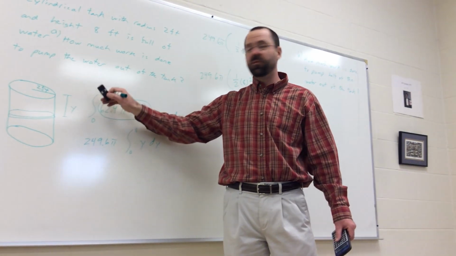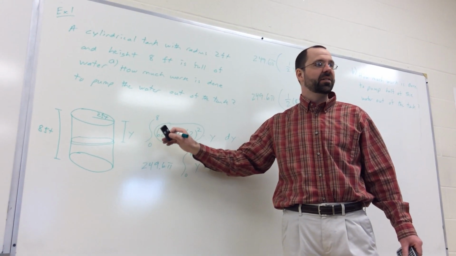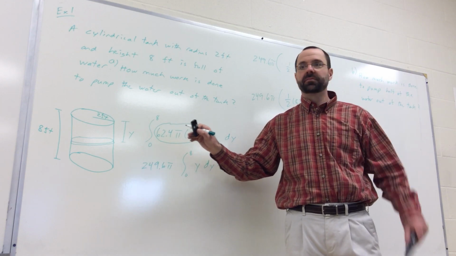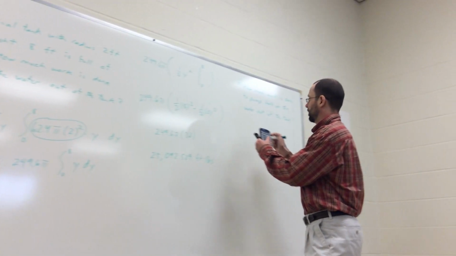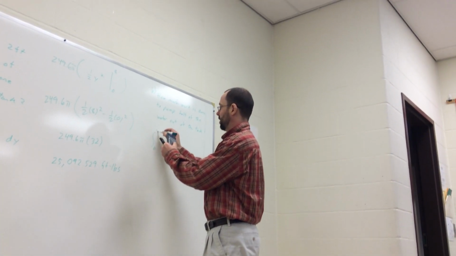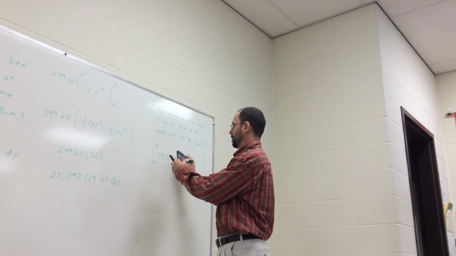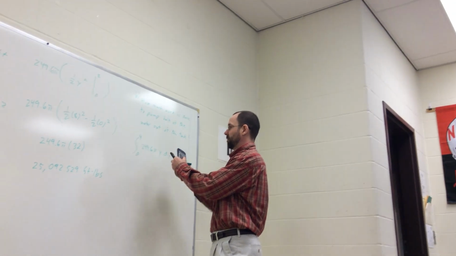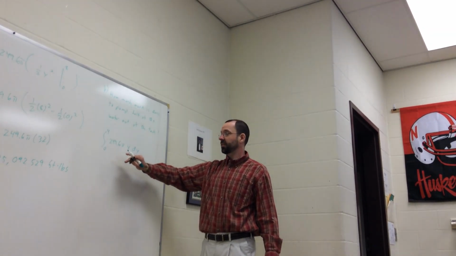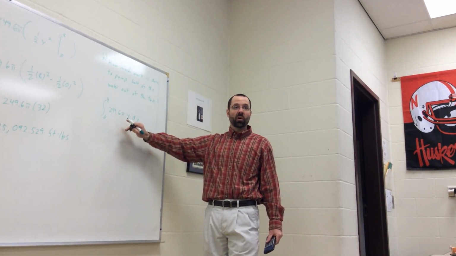It's just 0 to 4 instead of 0 to 8, right? Because we're doing the top half. So it's not hard once you understand part A. So same exact integral, just from 0 to 4.